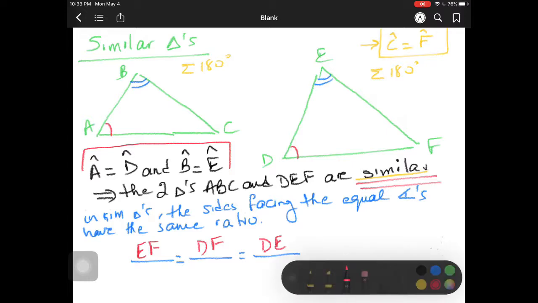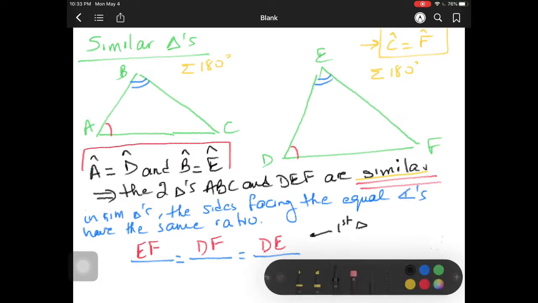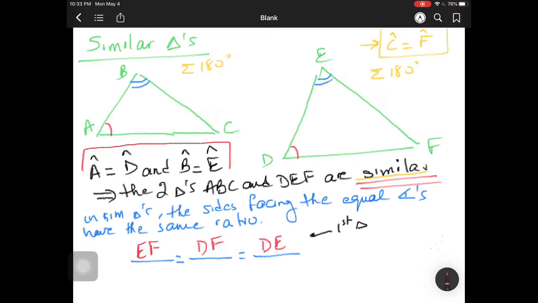So for the first triangle that you're writing here, you can write the sides in any order, it doesn't matter. But when you come to your second triangle, you cannot write the sides in any order. You have to follow the same corresponding order, and this is what we're going to talk about now.